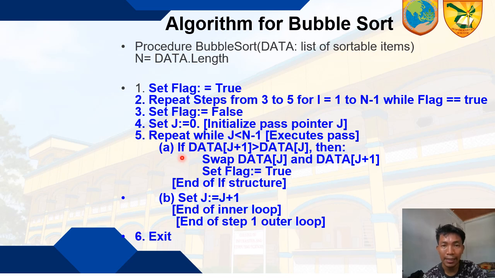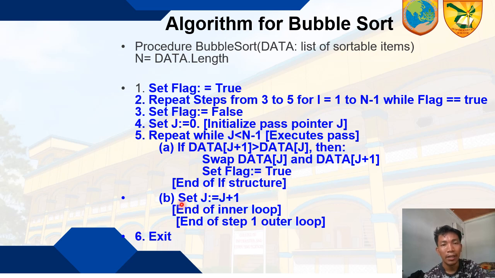If the data representing the array index j plus 1 is greater than the element at array index j, then we swap them accordingly. And then before we leave that loop, we set flag into true, ending the if structure.